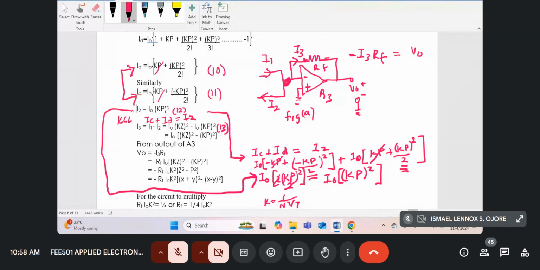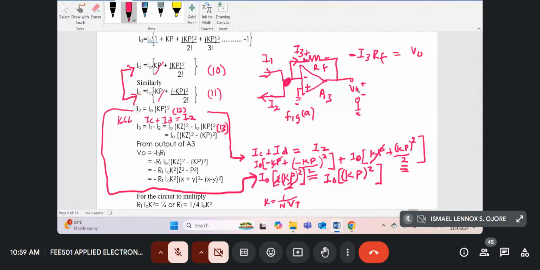Because the drop across the resistance RF, the positive side is on the left-hand side, and that positive side is connected to the earth, or to the virtual earth. And the opposite side of the resistance RF is minus. That minus side is connected to the positive of the V0. So that's why I've written this equation here.